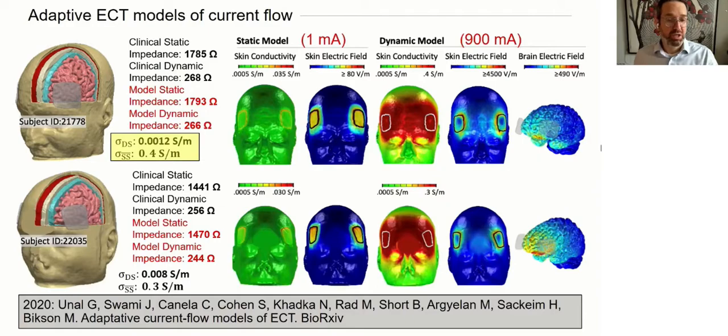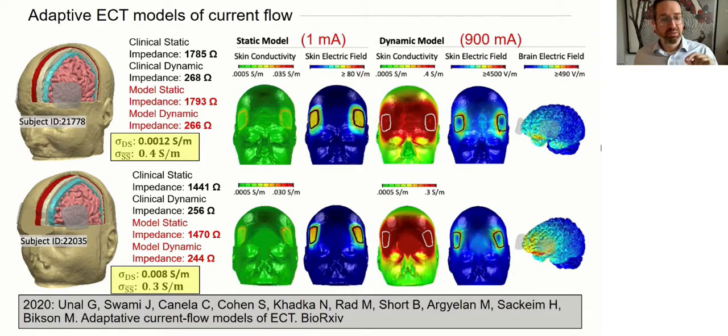And we can look at another subject who had a different head anatomy, a different clinical static impedance, a different clinical dynamic impedance. Once again, the model fits this subject's clinical data by adjusting skin properties. So this won't work if everyone has the same skin properties.